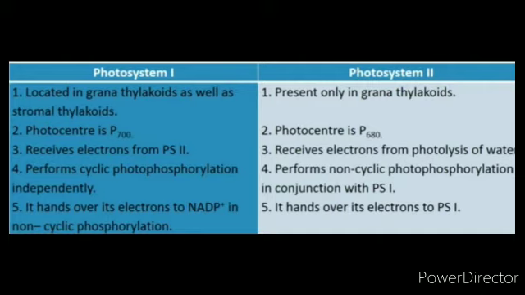Photosystem 1 performs cyclic photophosphorylation independently. Photosystem 2 performs non-cyclic photophosphorylation in conjunction with PS1. Photosystem 1 hands over its electrons to NADP in non-cyclic phosphorylation, and photosystem 2 hands over its electrons to PS1.